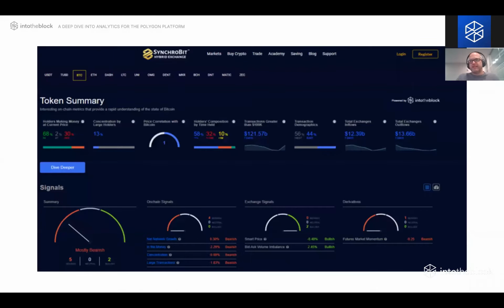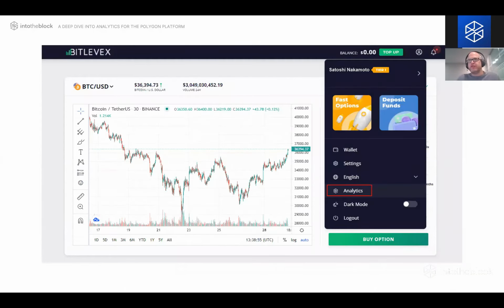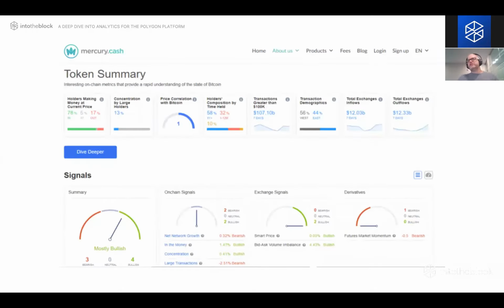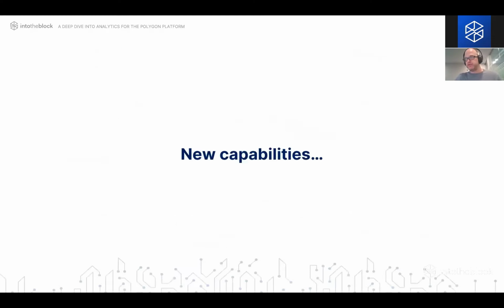So is Syncrobit, a crypto exchange, whose analytics are now powered by Into the Block. BitLevex, the popular derivatives exchange, and also Mercury Cash, the wallet, whose web interface analytics are powered by the Into the Block platform.